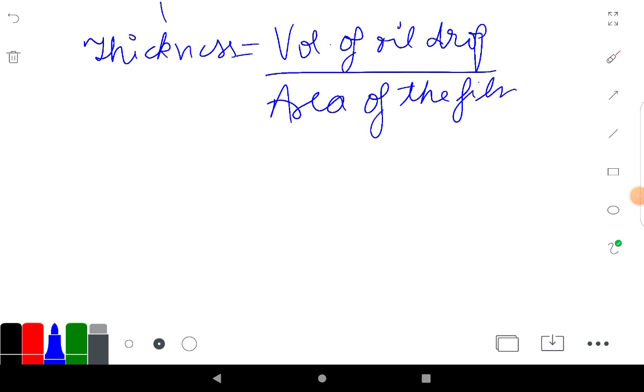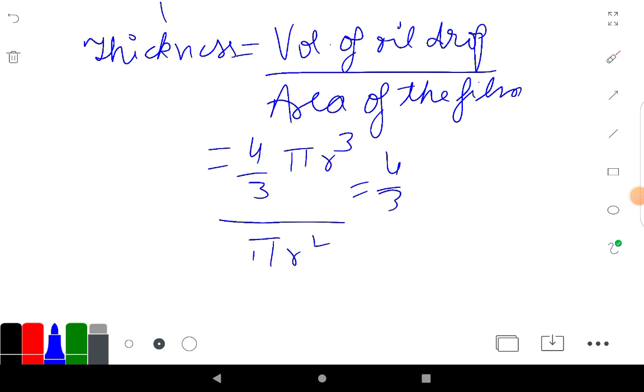The volume we know is 4 by 3 pi r cube, upon area, which we know is pi r square.